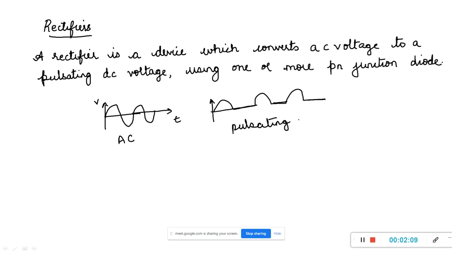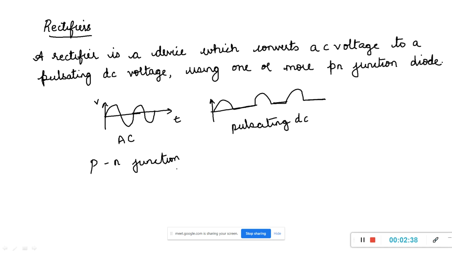The function of the rectifier is to convert AC into pulsating DC. So we all know the function of the PN junction diode. The PN junction diode conducts only in one direction, right? It conducts only when it is forward biased, and current will flow through it. It does not conduct during the reverse bias, right?